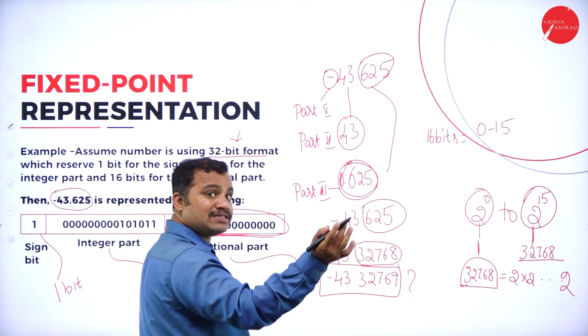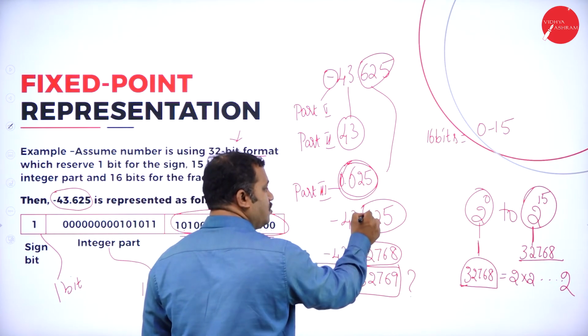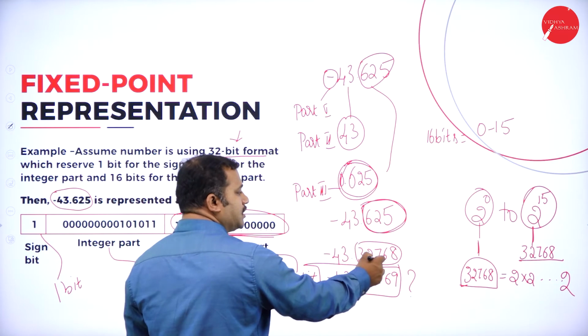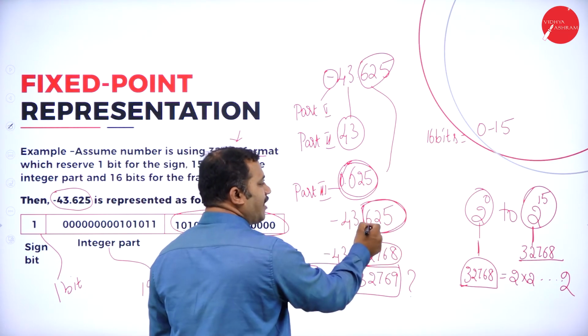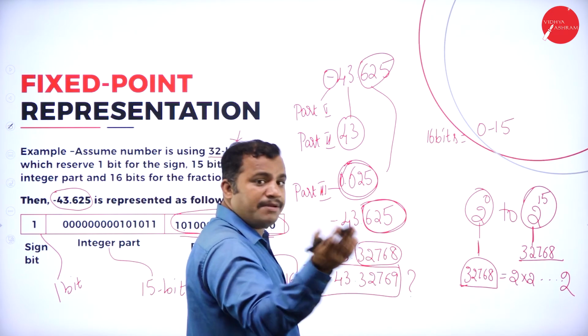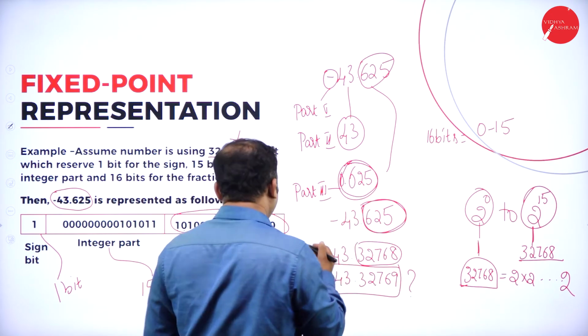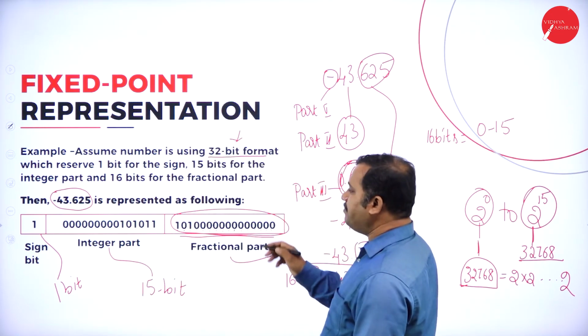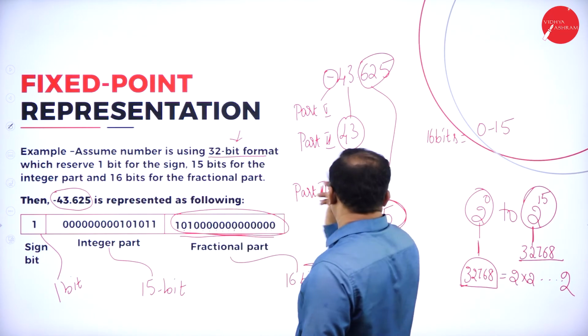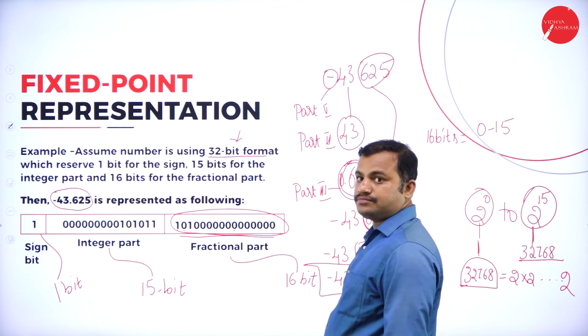That's why I'm representing it as minus 43.625. In this specific case, the value is within the range of 0 to 32,768. So in the fractional part, we have 625, which can be easily represented in our system. Let me consider the value varying from 0 to 625.